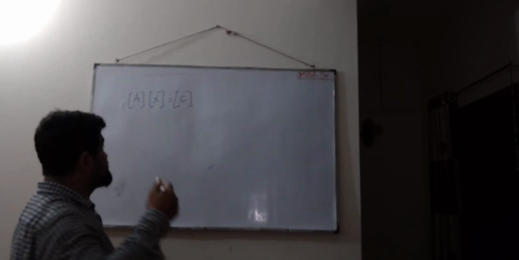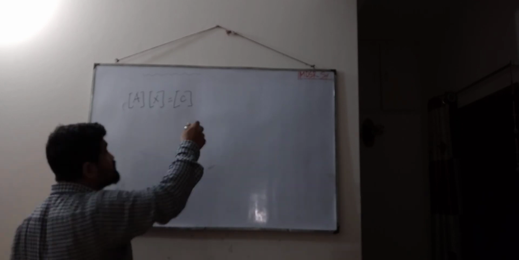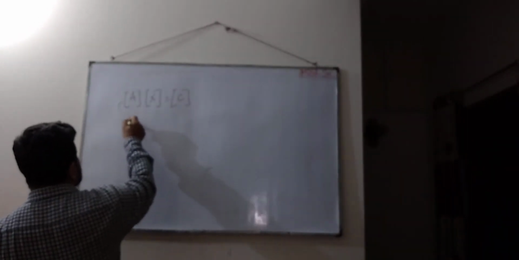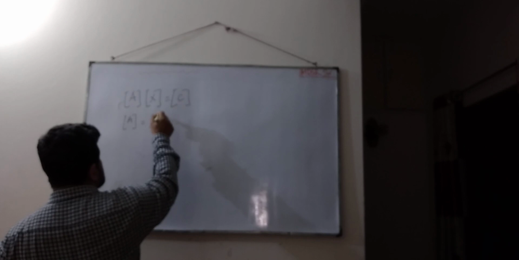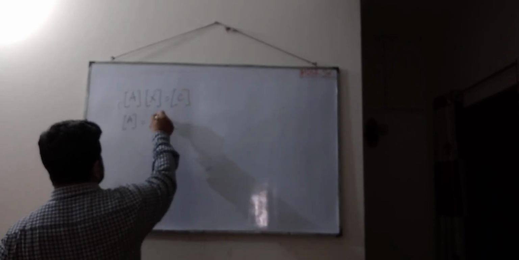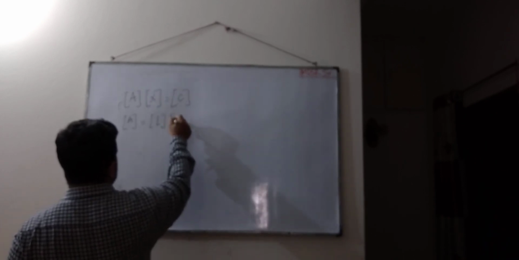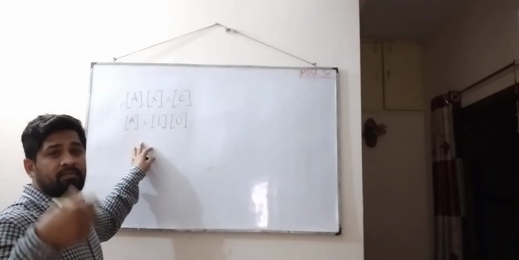Another thing we assumed, and we'll prove this later, is that A is also a product of a lower matrix and an upper matrix. These are facts.